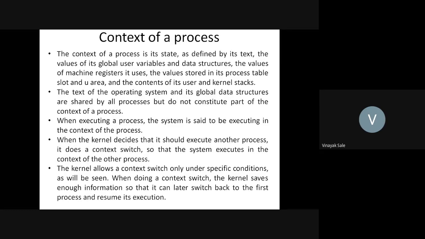The context of a process is its state as defined by its text, the values of its global user variables and data structures, the values of the machine registers it uses, the values stored in its process table slot and user area, and the contents of its user and kernel stacks.